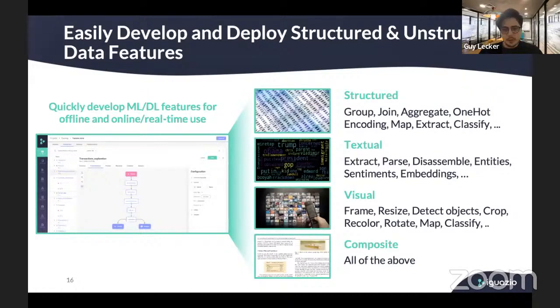The feature store can work on any type of data, whether it's structured, textual, or visual. It's just a matter of writing your own steps into it. The feature store can also work on multiple engines like MongoDB, Spark, Pandas, and so on.